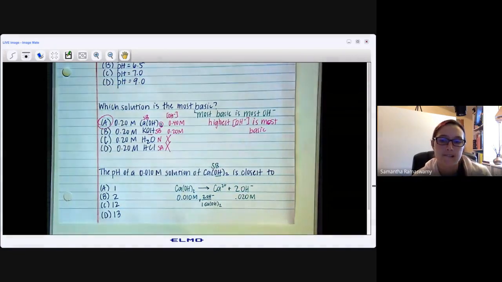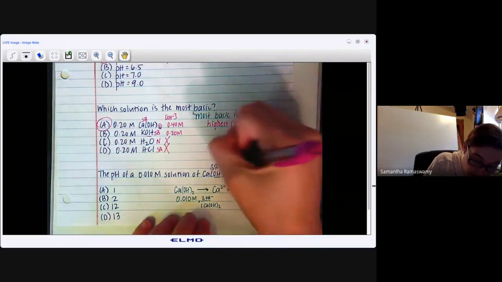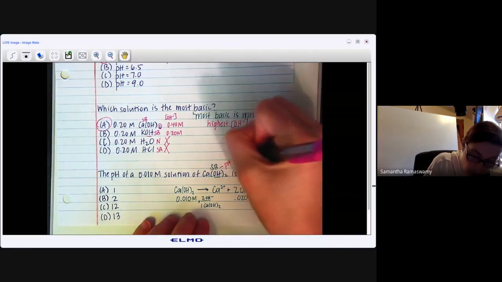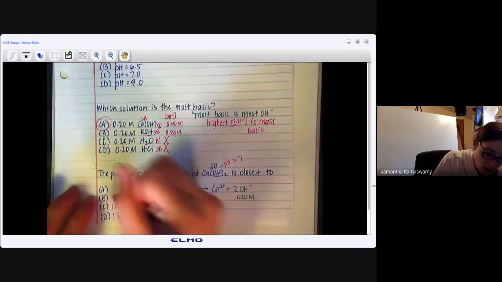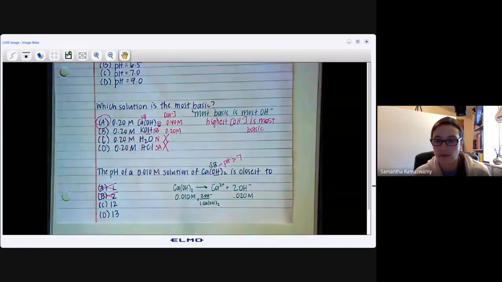Now, before I do a calculation, let's look at our answer choices over here. This is a strong base. Think about where the pH should fall if it's a base. Any base should fall above 7. Right? If it's a base, the pH should be greater than 7. I'm going to eliminate A and B. We have a 50-50 shot now.